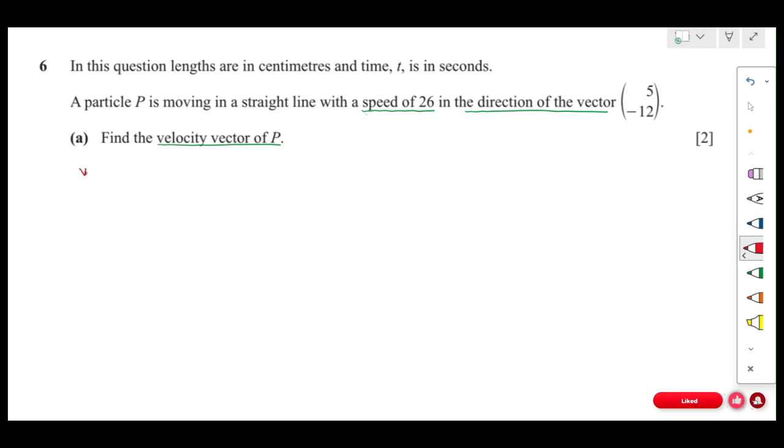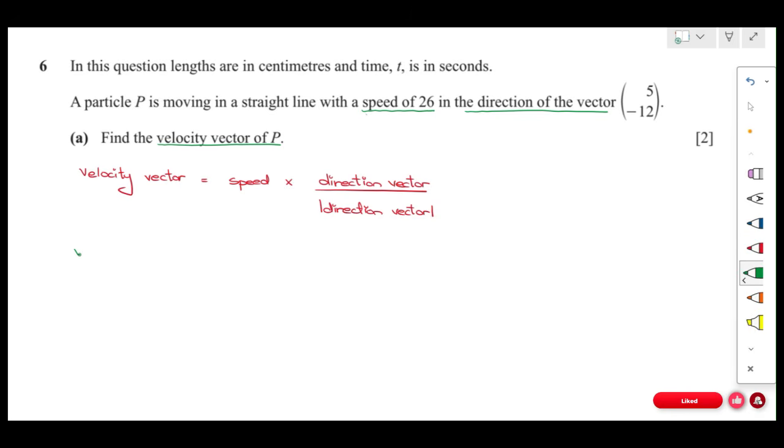So use the formula that the velocity vector is always equal to the speed multiplied by the direction vector divided by the magnitude of the direction vector. That is the formula to get the velocity vector.